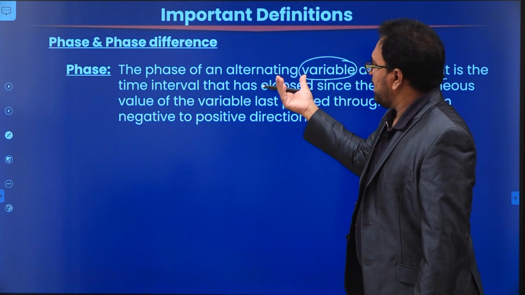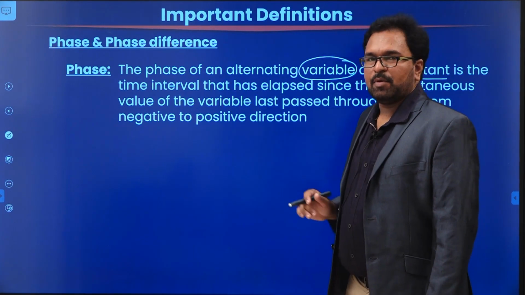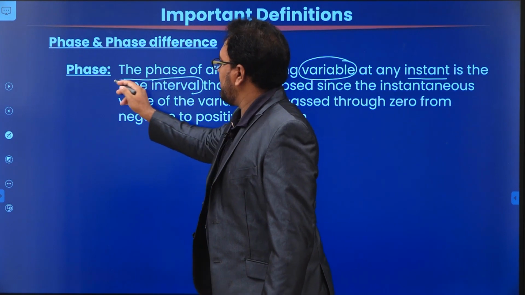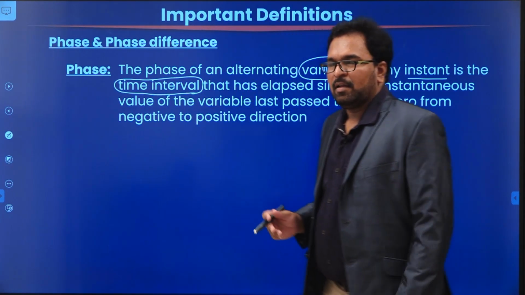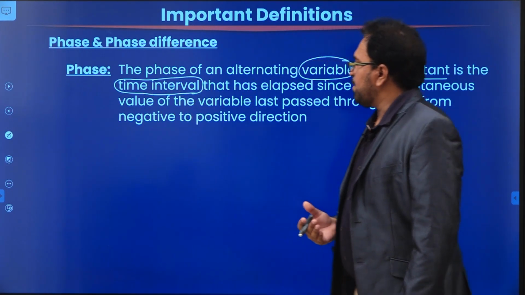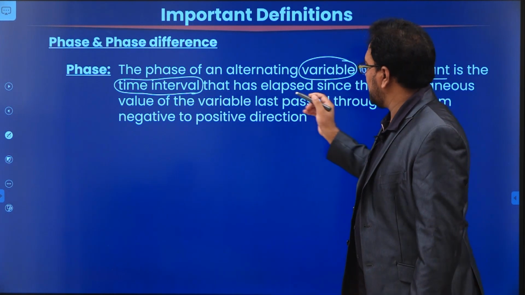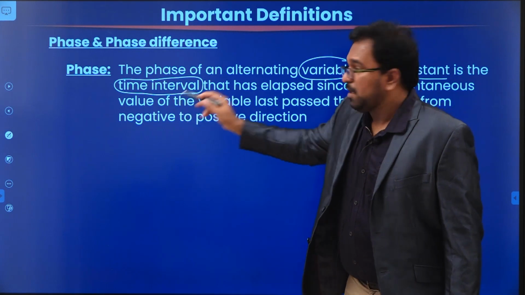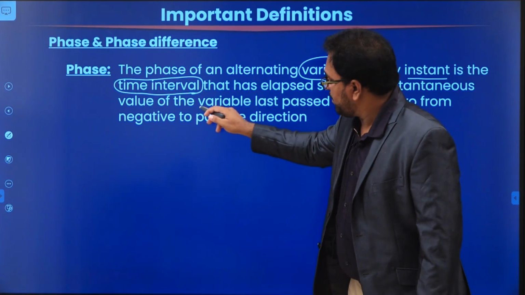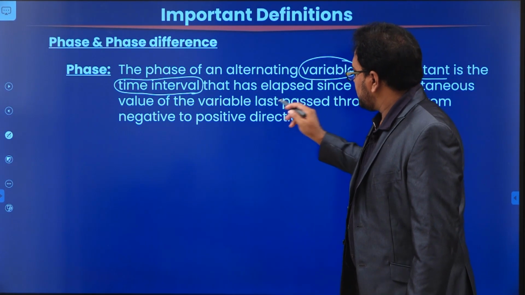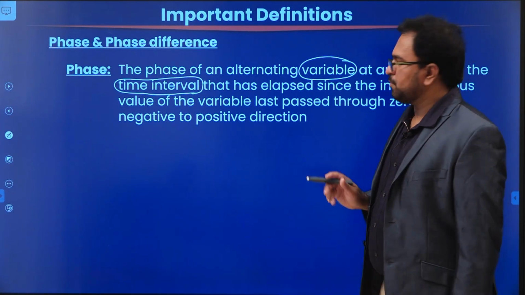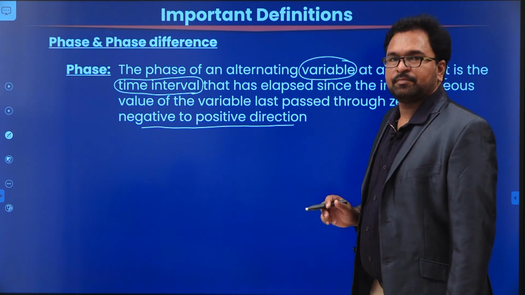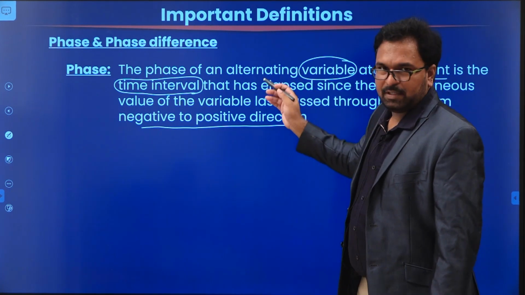So when you want to calculate the phase of any alternating variable, you have to calculate the time interval. That time interval is called the phase. How do we calculate it? It is the time elapsed since the instantaneous value of that particular variable passed through 0 from the negative to the positive direction. This is the definition of phase.